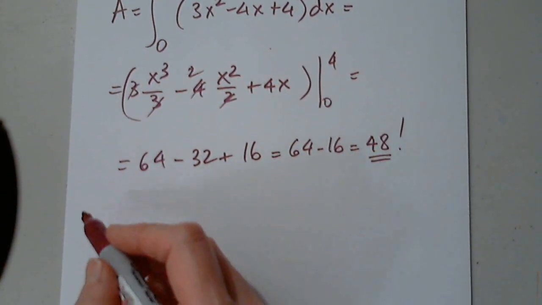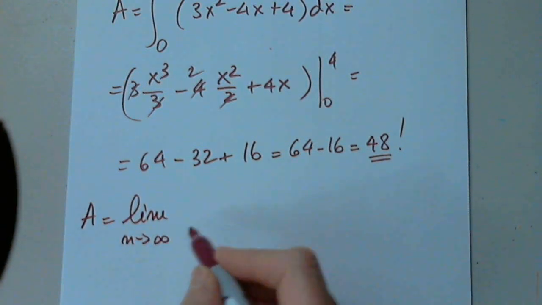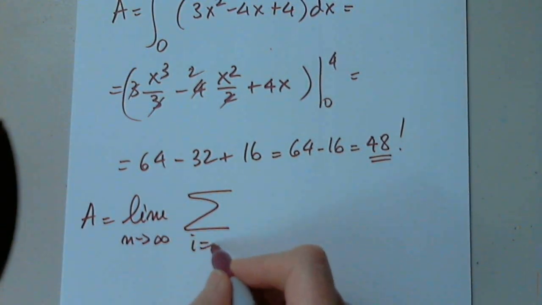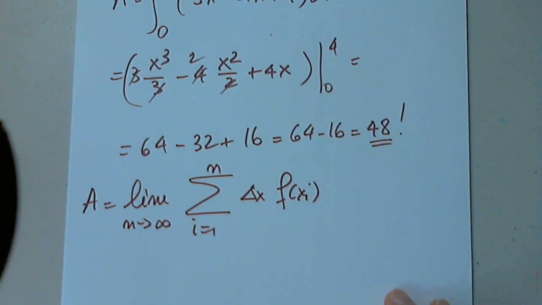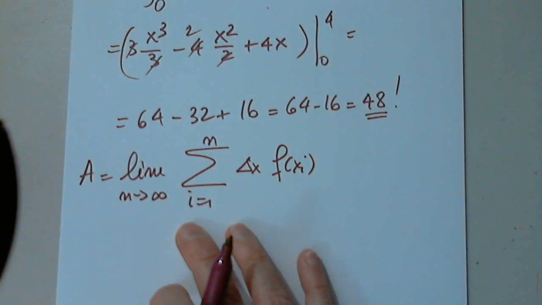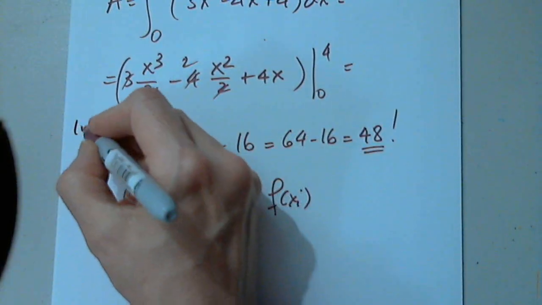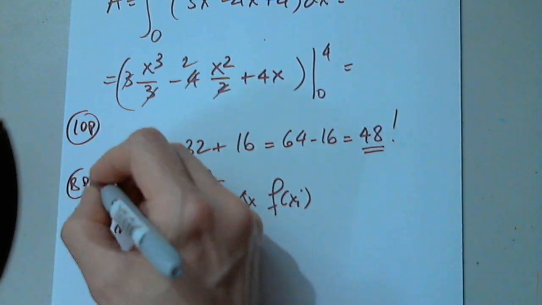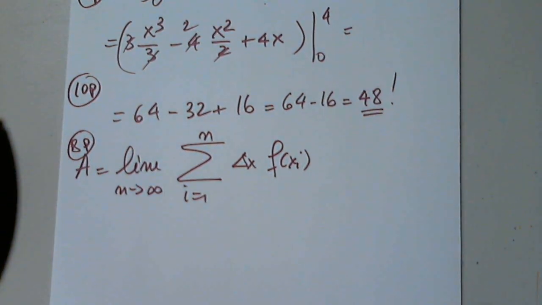Good. So then I show the limit as n approaches infinity of the sum from i equals 1 through n of delta x times f of x i. This is what the problem is asking me. If the problem is worth 10 points, this will be 8 points and the definite integral will be 2 points. So this is a very important part.